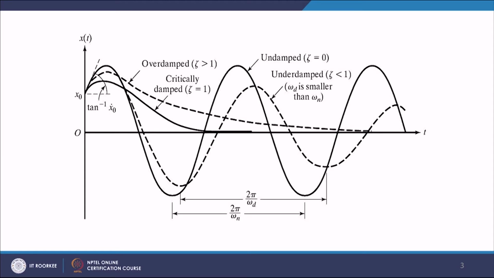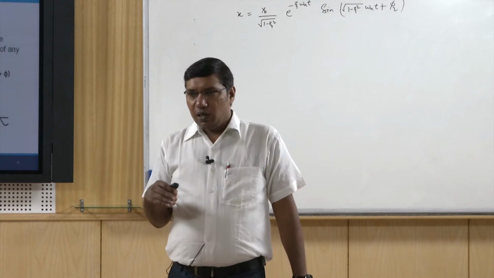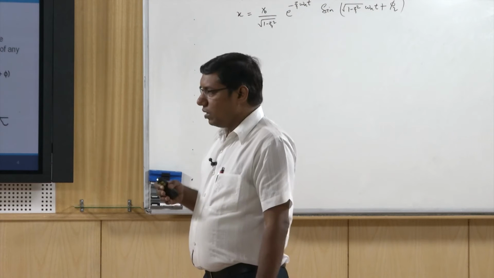Now we come to logarithmic decrement, which is relevant to the underdamped system. The logarithmic decrement shows the rate of decay in an underdamped system, because an underdamped system has oscillations that decay with time in an exponential manner.